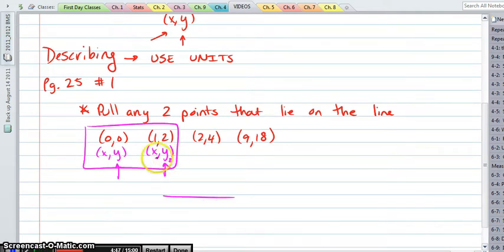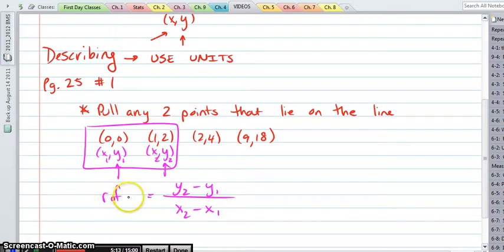So I'm actually going to label this x2, y2, and x1, y1. These are just subscripts. They don't represent exponents. They don't mean I'm calculating anything differently. I'm just pointing out that I have two different points here. So to find the change in y, I'm going to subtract my y values, and then to find the change in x, or the change in the horizontal, I'm going to subtract my x values.